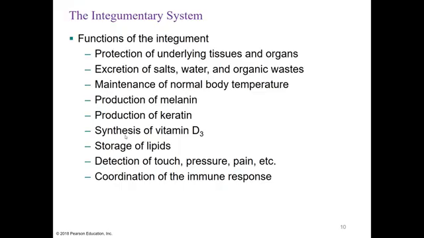We produce keratin in our skin, which is a protein that makes our skin water resistant. We can make vitamin D in the skin. We'll talk about that too. We store lipids. We can feel through the skin, touch, pressure, and pain. And our skin also is part of the immune system.